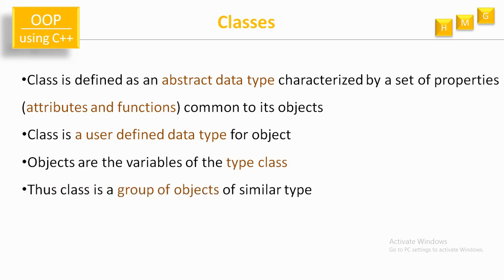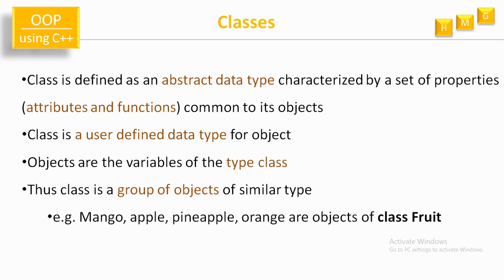You can say now the class is a group of objects of similar type. So there may be a collection of objects of the same class type. For example, mango, apple, pineapple, orange, these are the objects of the class fruit.